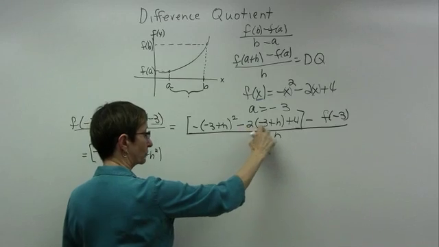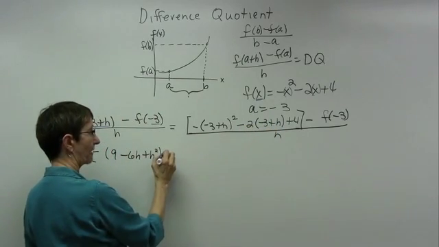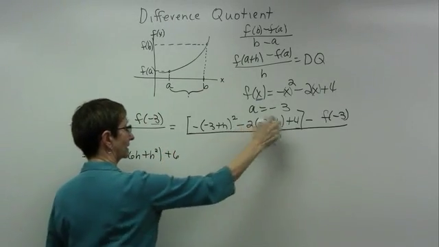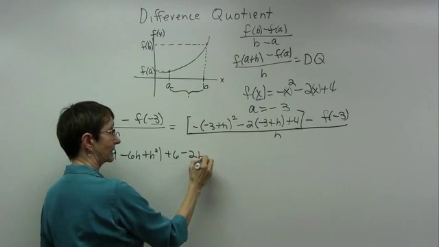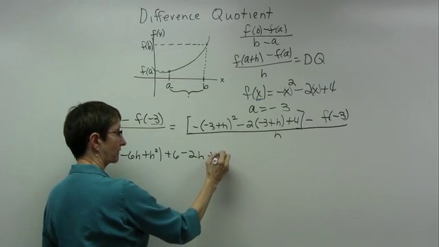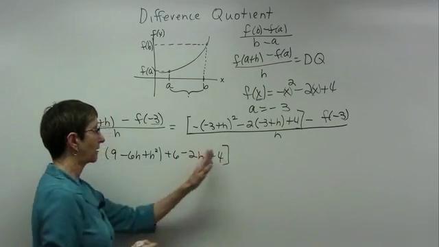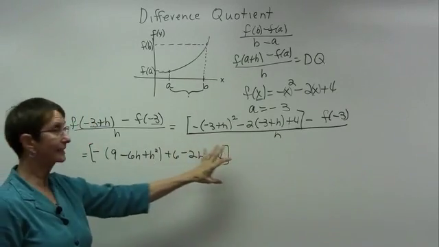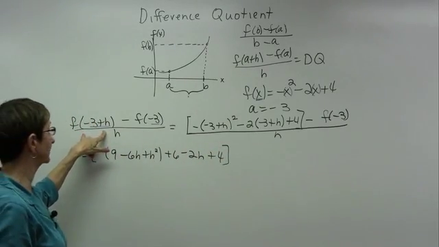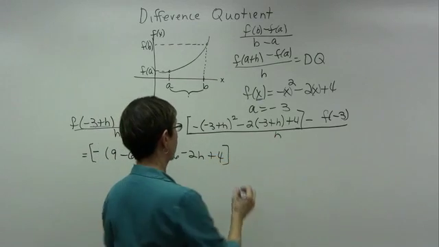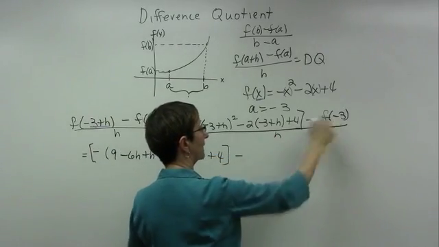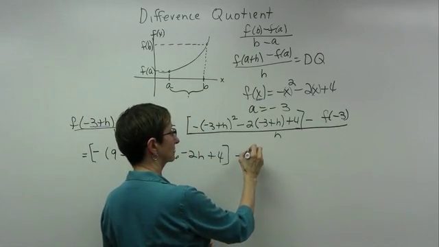I distribute negative 2, so I have plus 6 minus 2h plus 4. I've got in brackets everything that came from f of negative 3 plus h. Minus, we found out that f of negative 3 was 1.